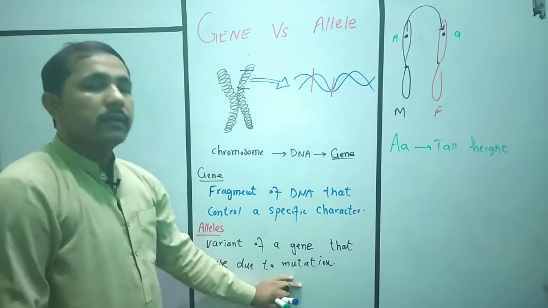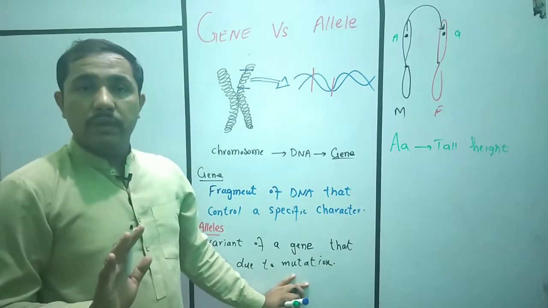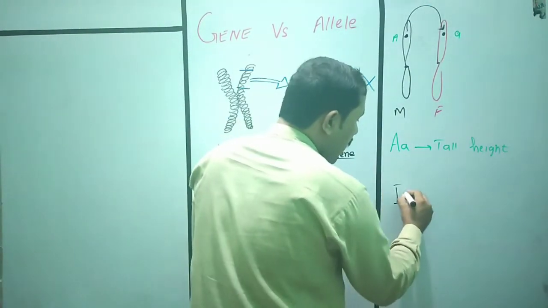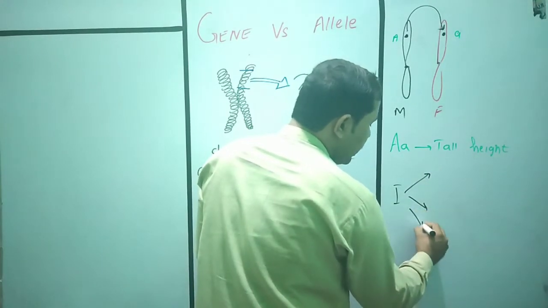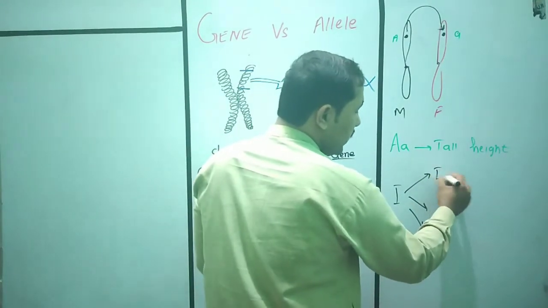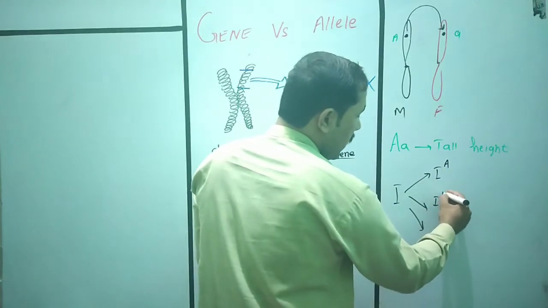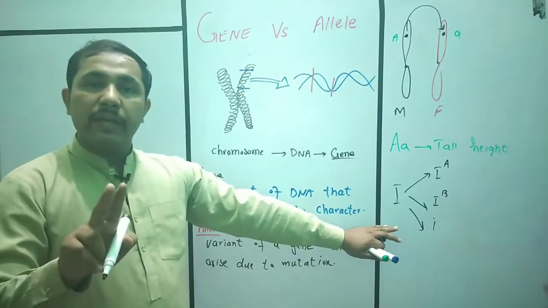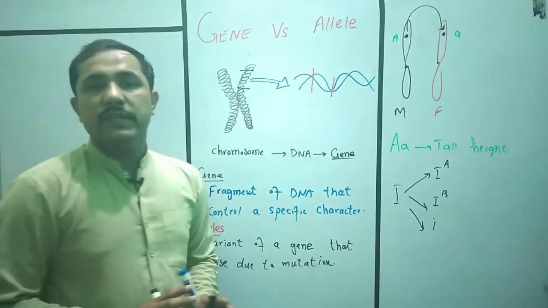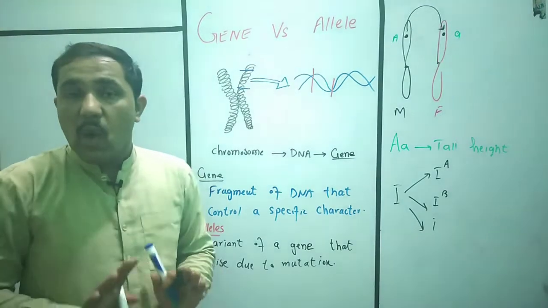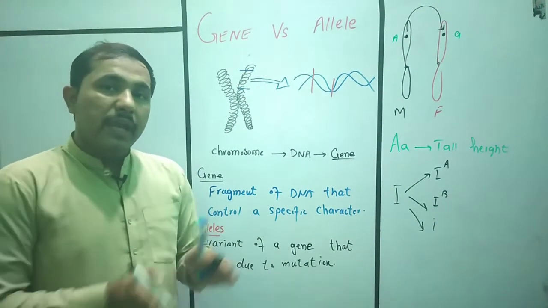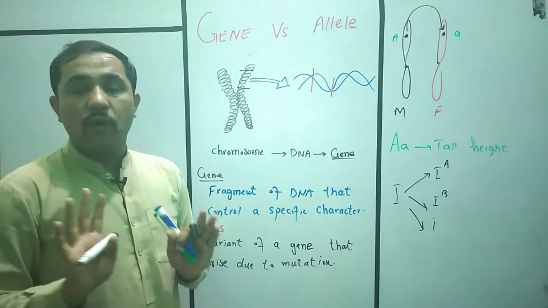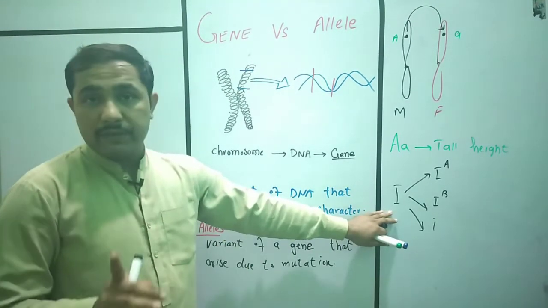These mutations may be one, two, or in the hundreds, but always keep in mind, if a gene has too many mutations and too many copies, like in the case of blood group IA, IB and small i, at a time only 2 copies of these alleles are present in an individual. Not all alleles will be present in a specific individual. Only 2 alleles from all the alleles of a gene are present in an individual.